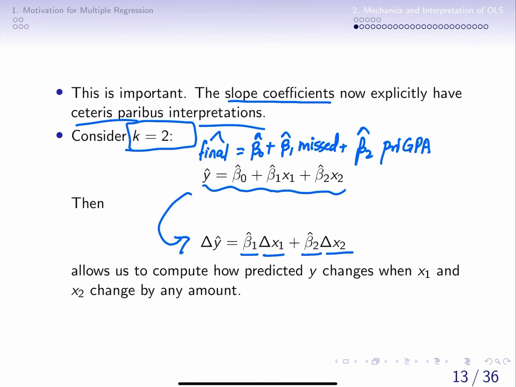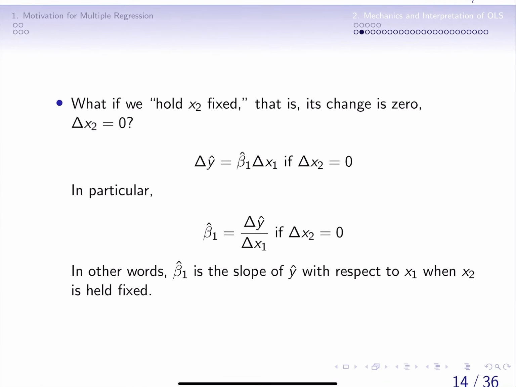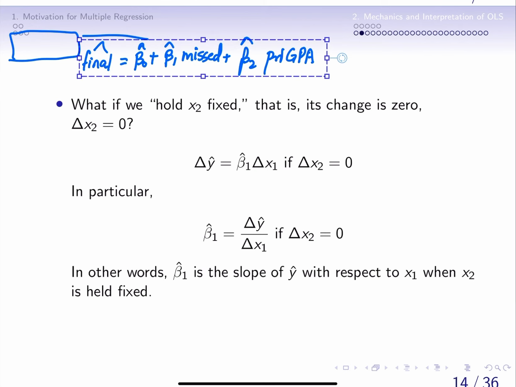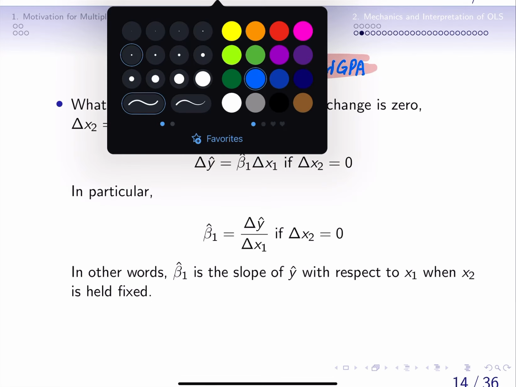And we can take this and try to make sense of what the beta 1 hat and beta 2 hat estimators are.